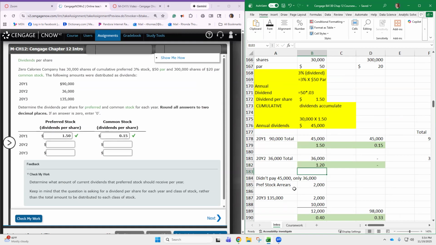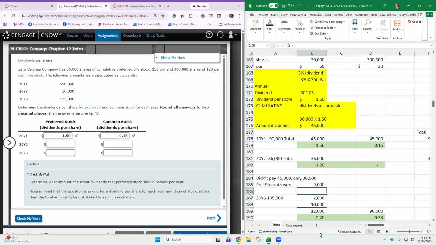Arrears means that we still owe them from the previous year, and we've got to back pay them if we send out any the upcoming year. So how much did we miss, right? So the amount is the 45,000 that we promised minus what we did send out, and we owe them another 9,000. Everybody understand that? That's the back pay.